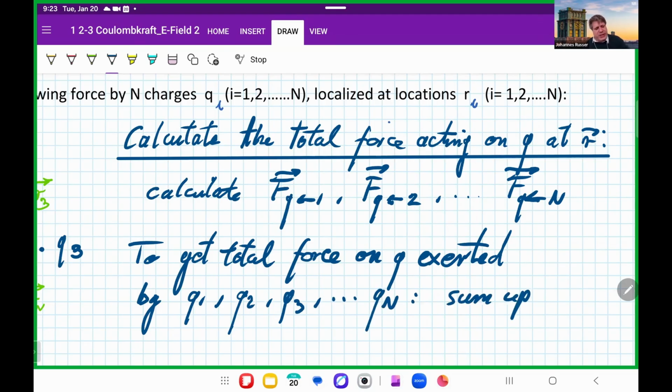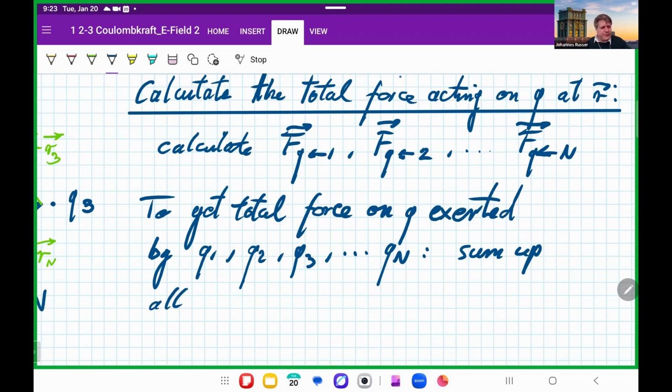We do a summation of all force vectors at position R.